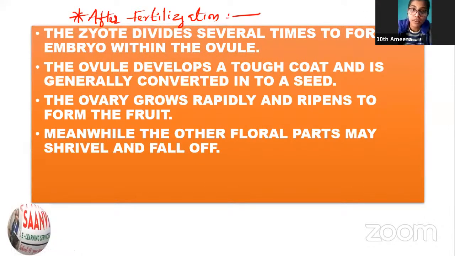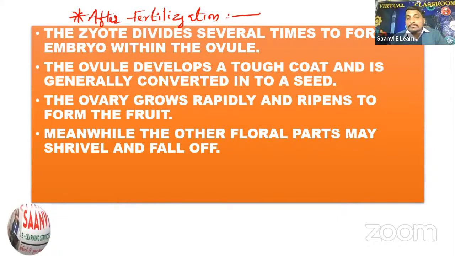Sir, may I read from first or may I continue? Second point: after fertilization, the zygote divides several times to form an embryo within the ovule. Fine, completed. Next: the ovule develops a tough coat and is generally converted into a seed.